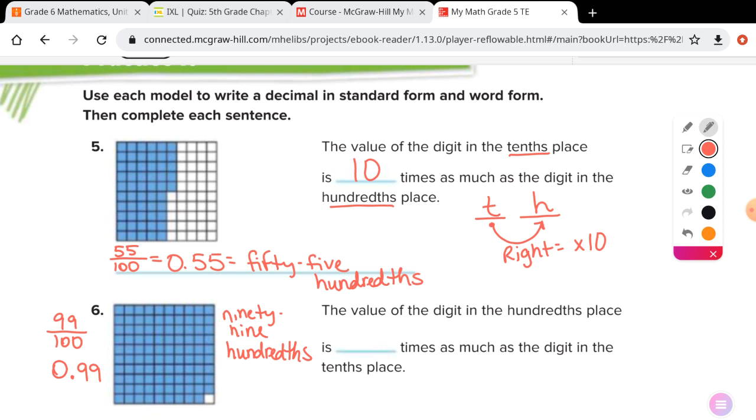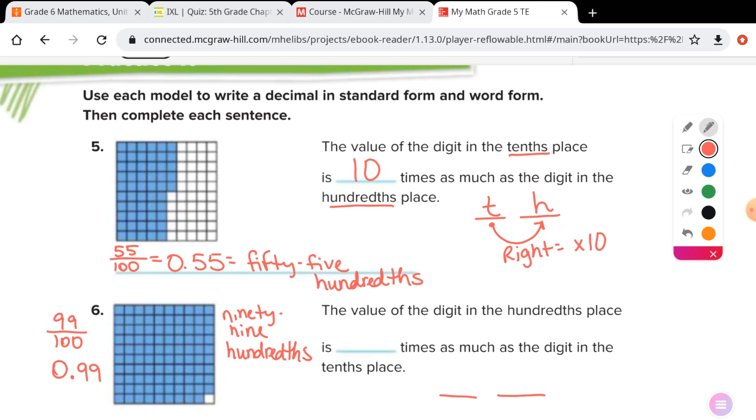Now we go to the problem on the side. The value of the digit in the hundredths place is blank times as much as the digit in the tenths place. We're going to draw our two blanks. Drake, what are we going to label them in this problem? H and T. Okay, which one is which?